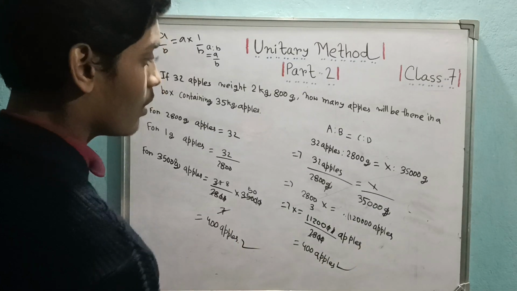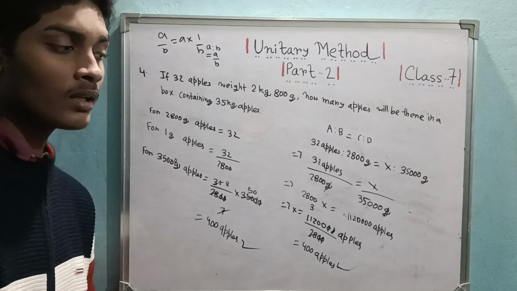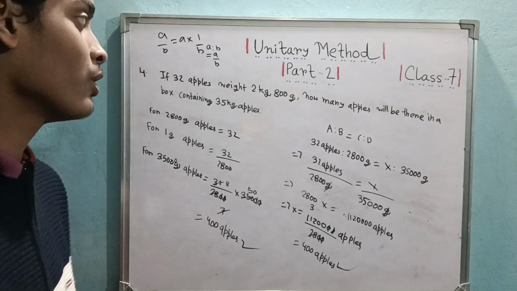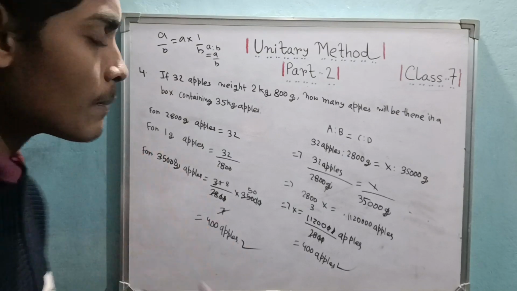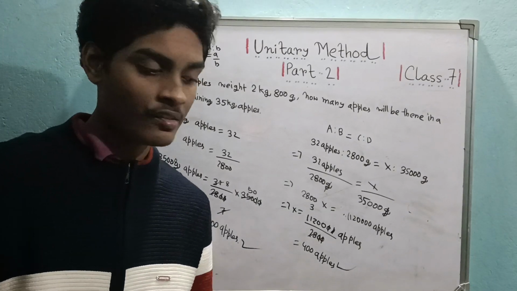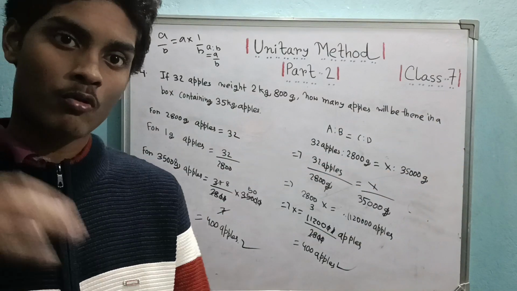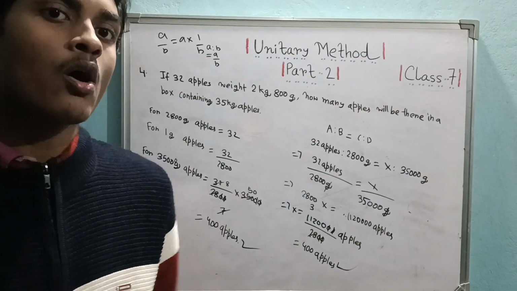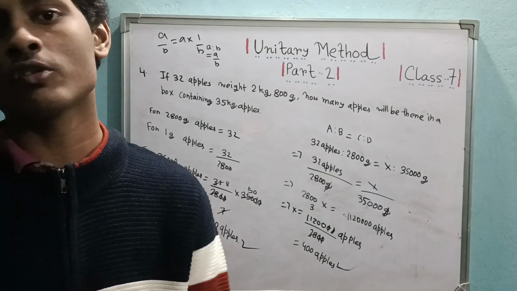Okay. So that's all actually from unitary method part 2, which is a conceptual boost video for this chapter for class 7. So we learned the proportionality method, which is when for one item, if it's increasing, our quantity of that item also increases, or when the item's quantity is decreasing, the quantity is also decreasing.